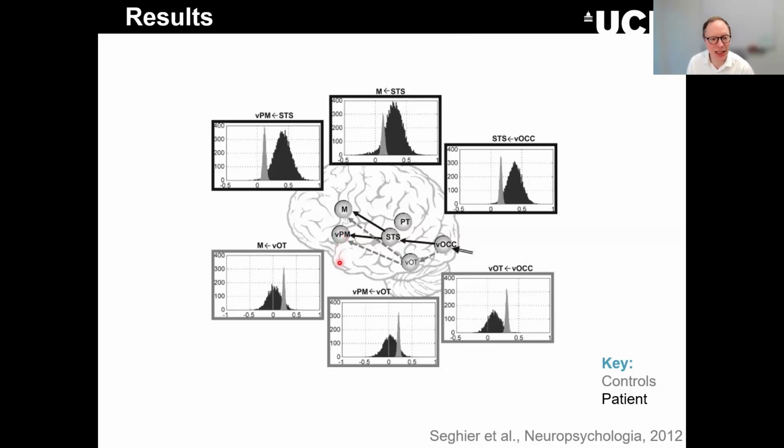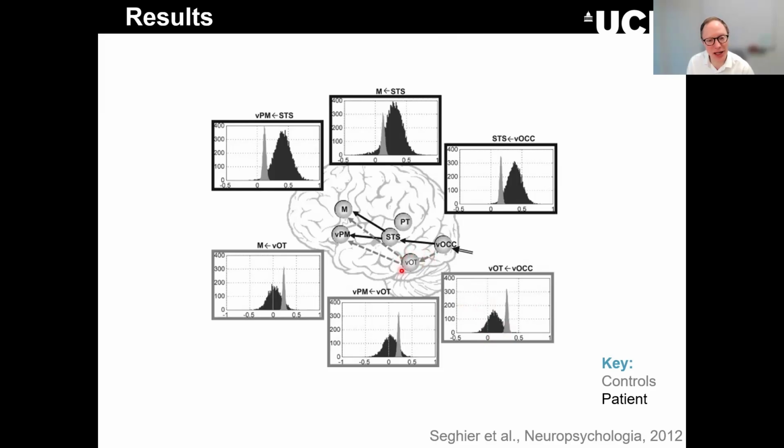So we can do a little sanity check. If we look at VOC to VOT, why would we imagine that the distribution here for the patient was strongly overlapping with 0? Well, the answer is the patient had a lesion there, and so this fits with what we expected.